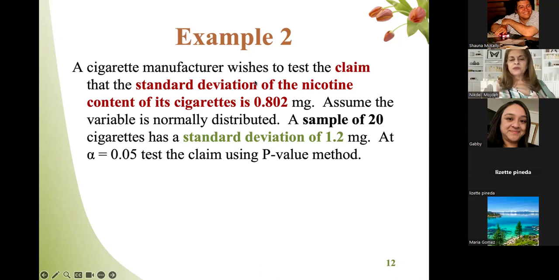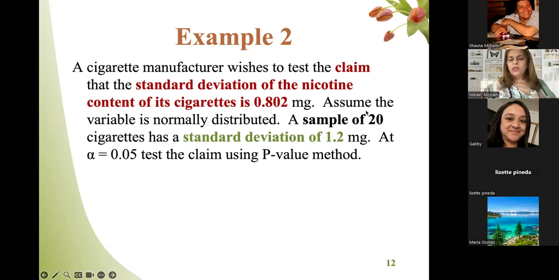My parameter is standard deviation, sigma. Now, what is my claim? Sigma is equal to 0.802 milligram. The sigma is equal to 0.802.